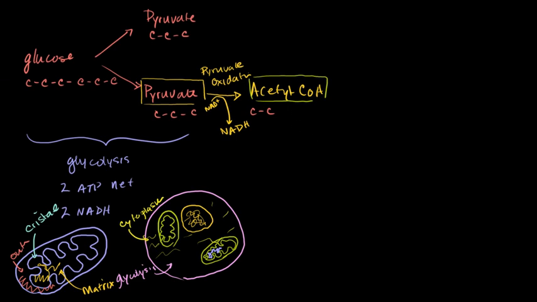So catalyzed by enzymes, this acetyl-CoA merges with some oxaloacetic acid, very fancy word, but this is a 4-carbon molecule. These two guys are kind of reacted together or merged together, depending on how you want to view it. Draw it like that. It's all catalyzed by enzymes.